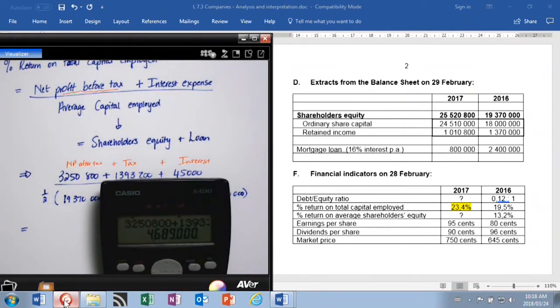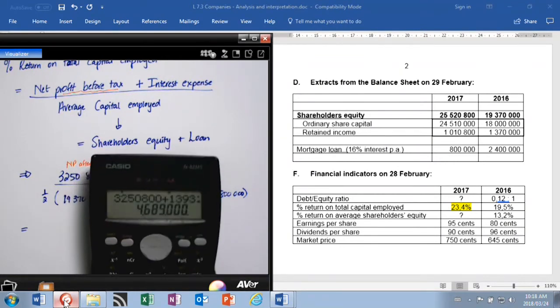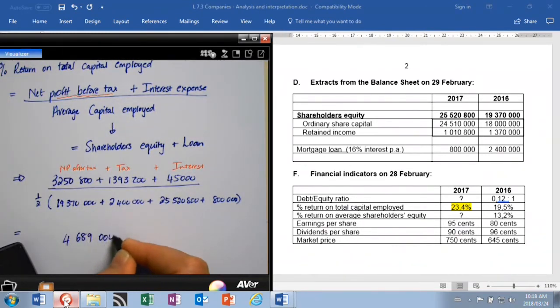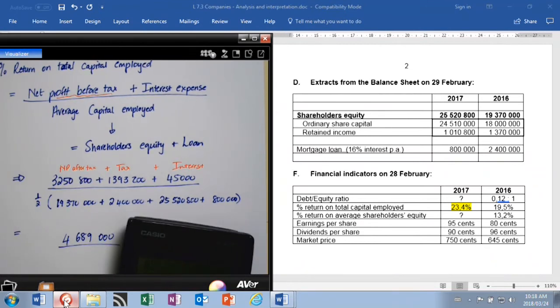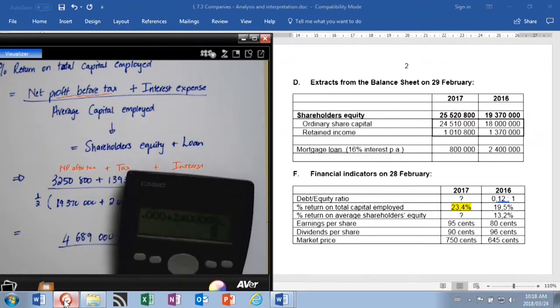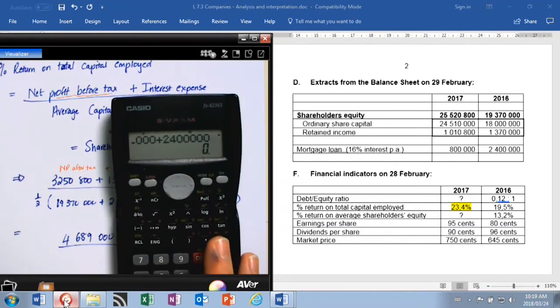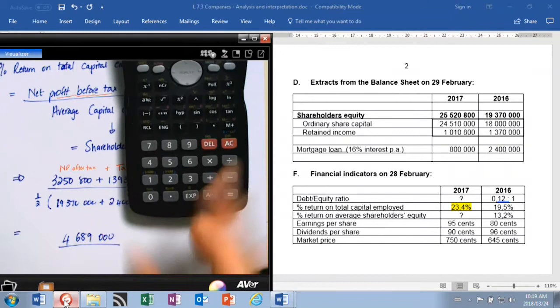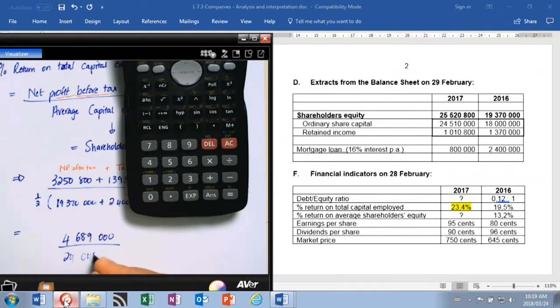That gives us 4,689,000. 4,689,000 divided by 1,937,000 plus the 2,400,000, plus the 2,552,800 plus the 800,000 that we've got for the loan, divided by 2. That gives us 24.045.